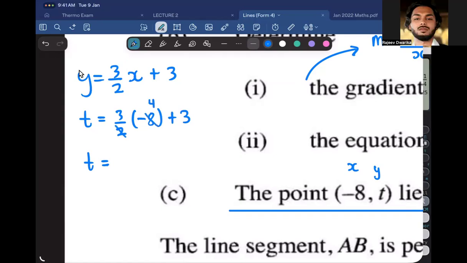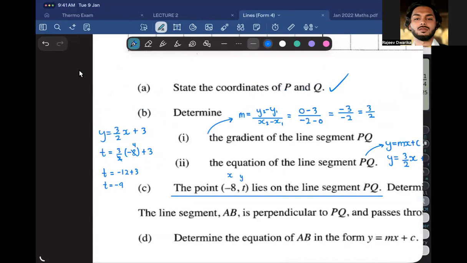So 3 times negative 4 is negative 12, plus 3. What's negative 12 plus 3? Negative 9. Yep, negative 9 indeed.